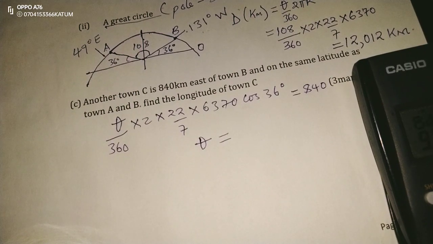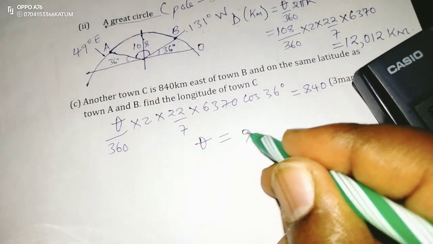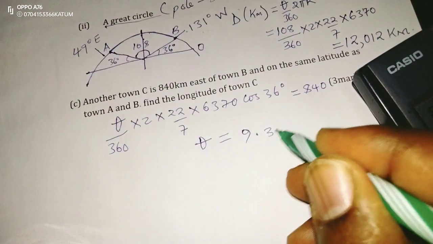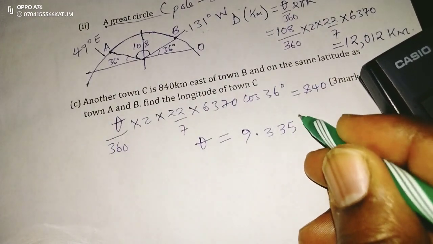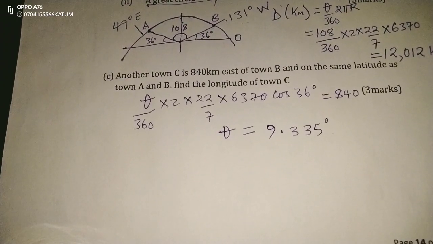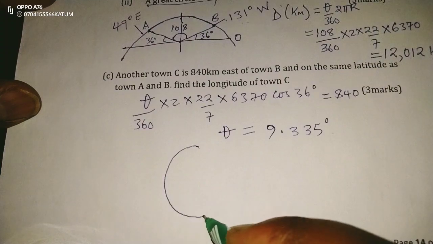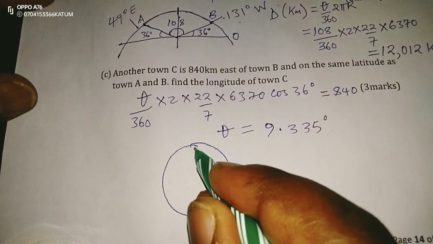This is going to give me 9.335 degrees. So the angle difference from B to C is 9.335.